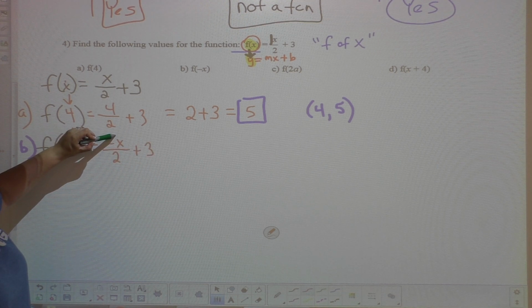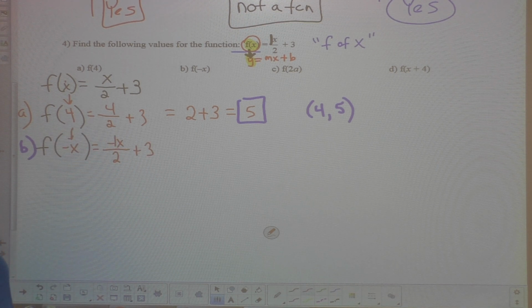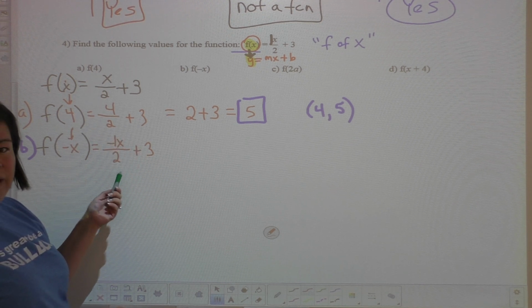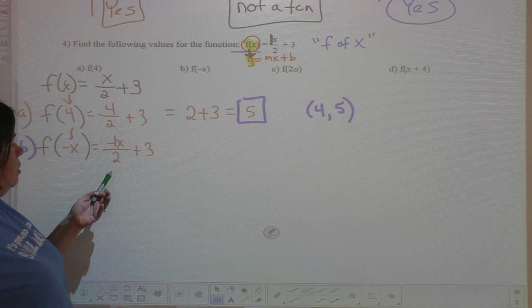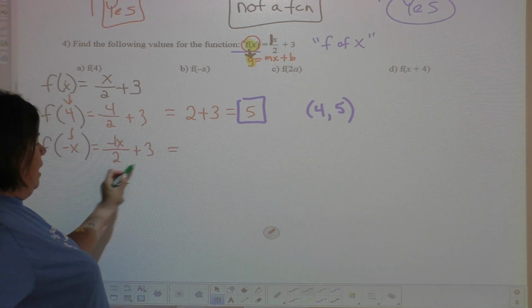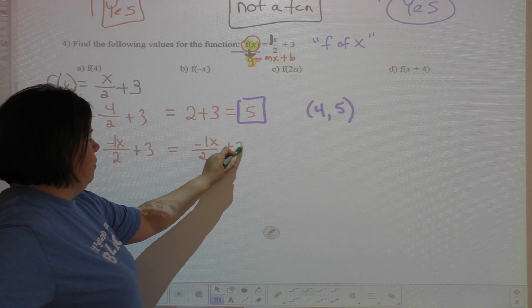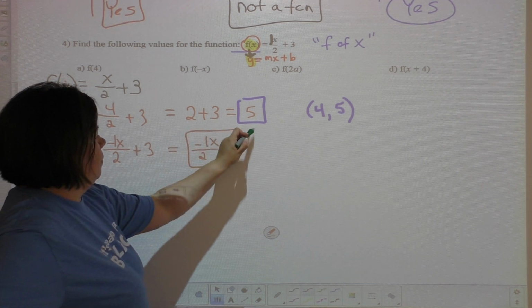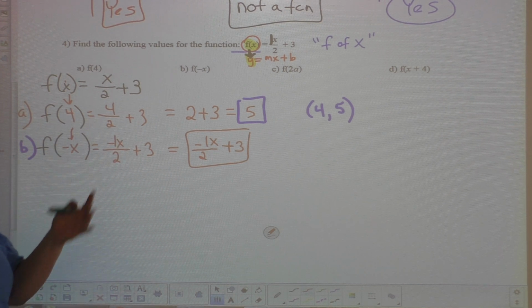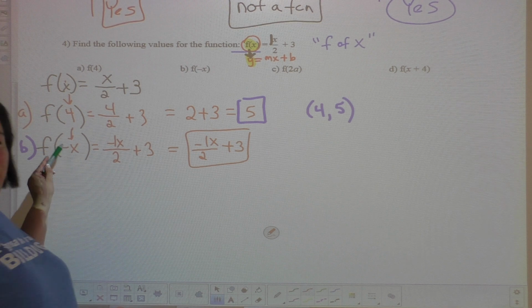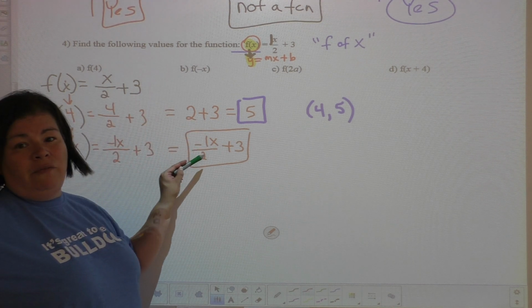Now really there's a negative 1 in front. And if you look, this expression cannot be evaluated any more than it already is. So our final answer is exactly this, negative 1/2 x plus 3. Okay, so there really is no ordered pair there, but when you evaluate f of negative x, your answer is negative 1/2 x plus 3.